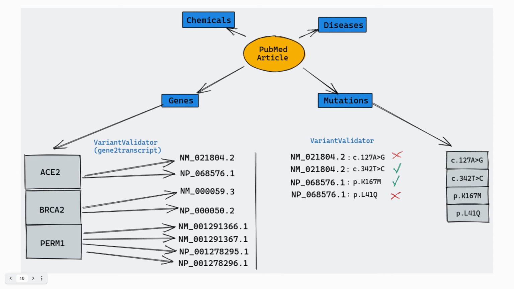For each article we extract all genes that it contains. For each gene we have a list of all its transcripts, and for each HGVS mutation that does not include reference information, we try all possible transcripts in a Cartesian product and check if they form a valid HGVS variant. The validity of these artificially formed variants is checked with Variant Validator.